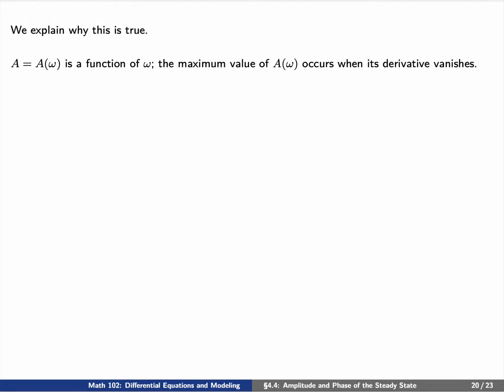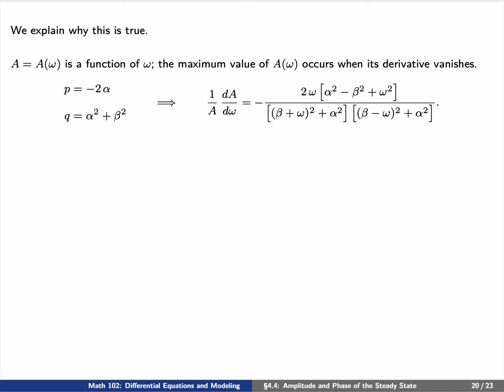Recall that the amplitude, capital A, is a function of the frequency omega. And in fact, the maximum value of this function occurs when the derivative vanishes. So let's find a formula for the derivative. Since we're assuming we have complex roots, let's express P and Q in terms of alpha and beta. Then dA d omega can be expressed in terms of alpha, beta, and our frequency omega.